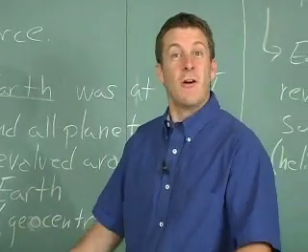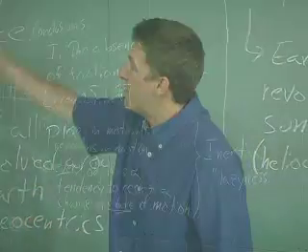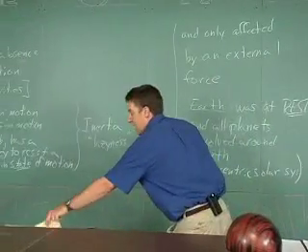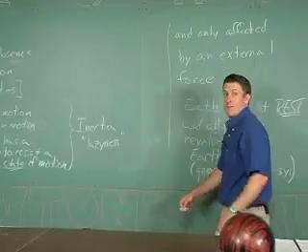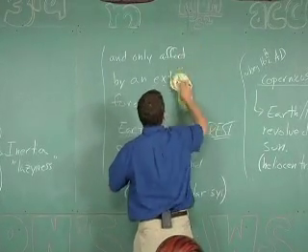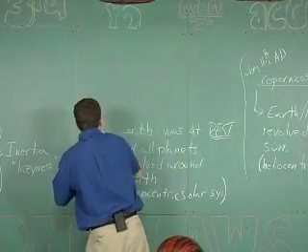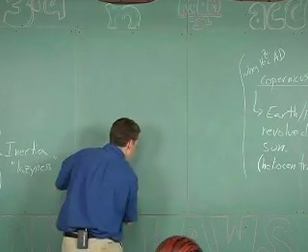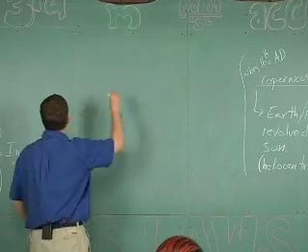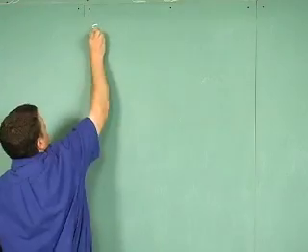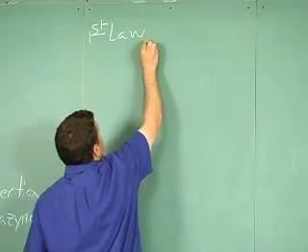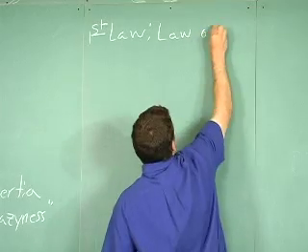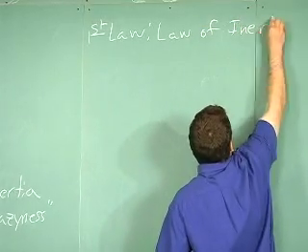Isaac Newton's first law of motion is merely a restatement or a formalization of Galileo's observations, and it is known as the law of inertia. So this first law has a nickname, if you will, and it's called the law of inertia.